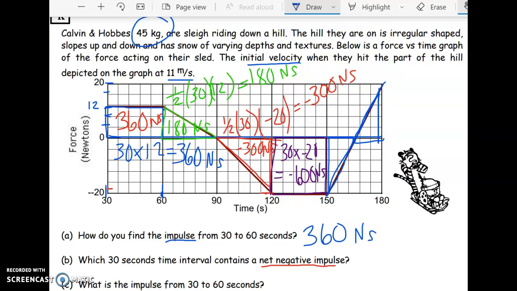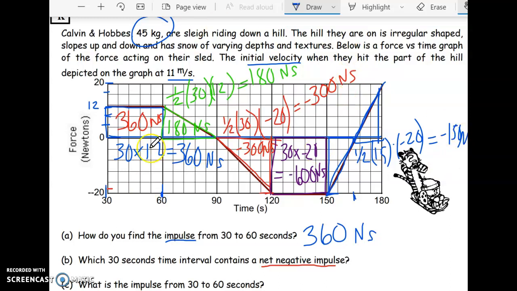If you calculate the area of both, you would have 1/2 times the base. Well, the base is half of 30 seconds, so 15 seconds, times the height, again the -20 newtons, and that's going to give us -150 newton seconds.